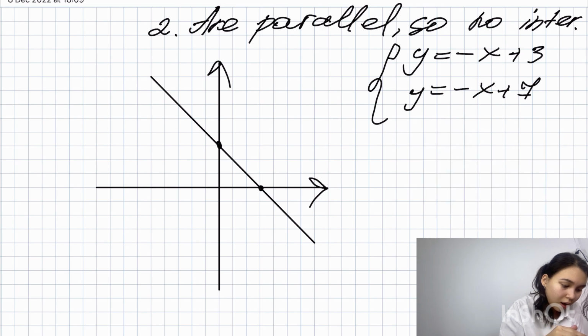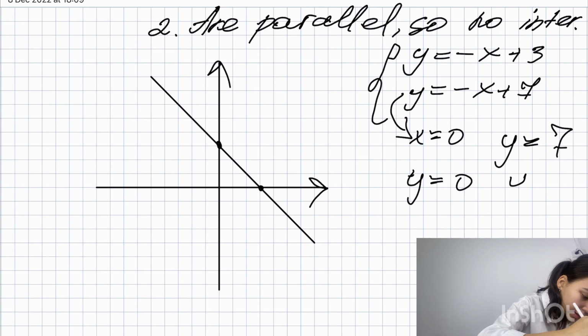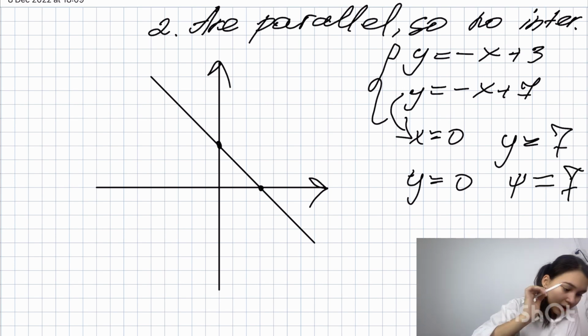Then let's draw the other. When x is equal to 0 of this, y is equal to 7. When y is equal to 0, x is equal to 7 again.